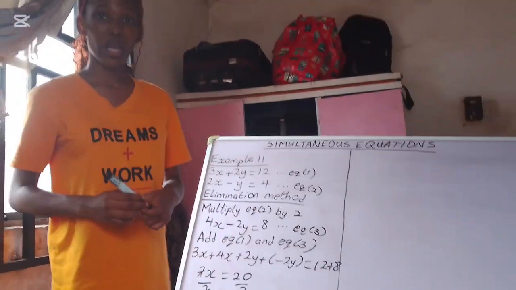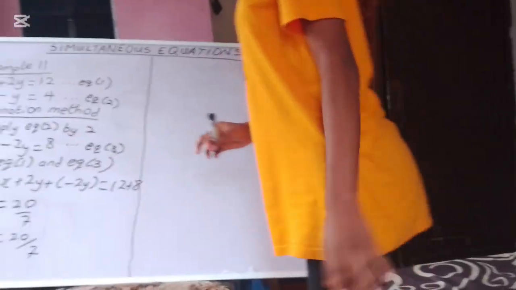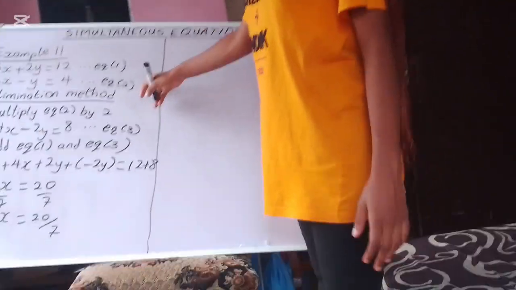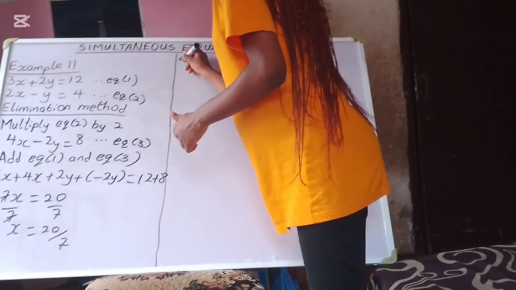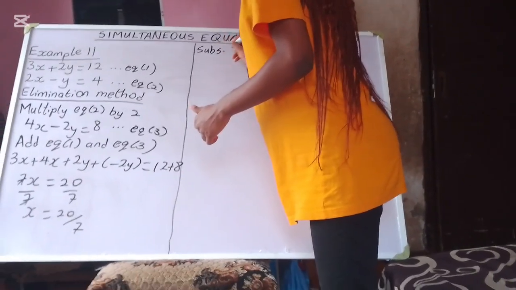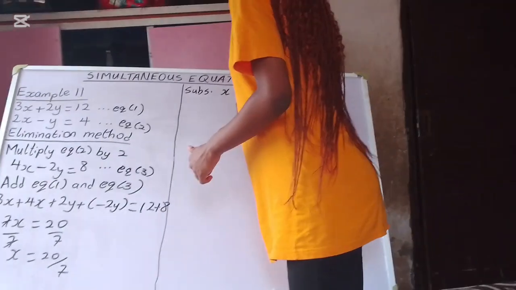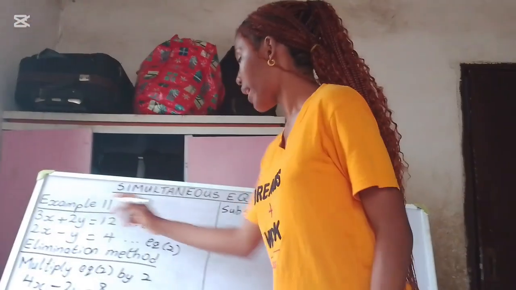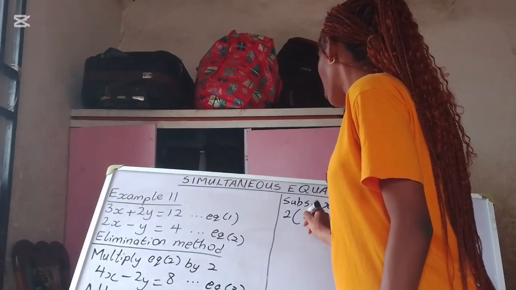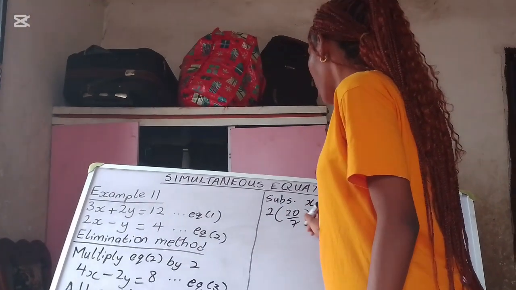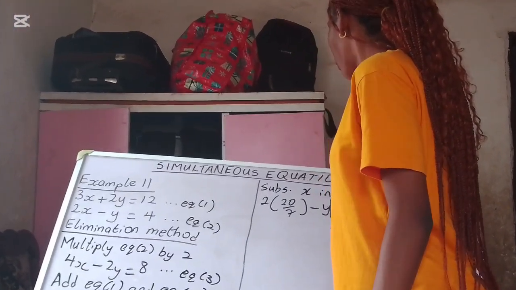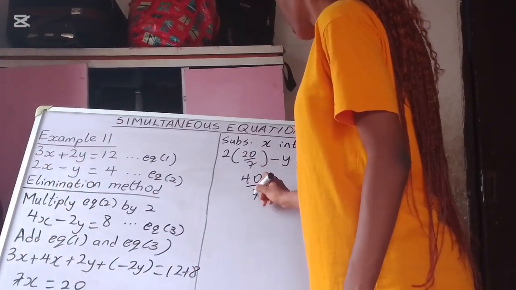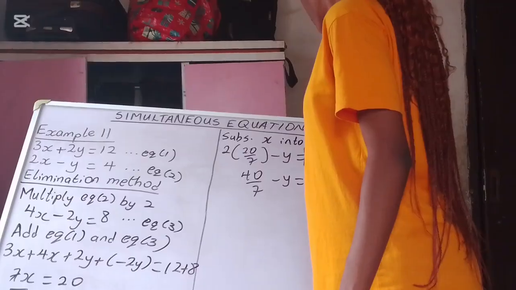So now, the same way, since you have the value of x, to get the value of y, you can easily substitute. And I'll be substituting into equation 2. So substitute x into equation 2. If we do that, instead of 2x, we'll be having 2 times 20 over 7 minus y equals 4. 2 times this will give us 40 over 7 minus y equals 4.